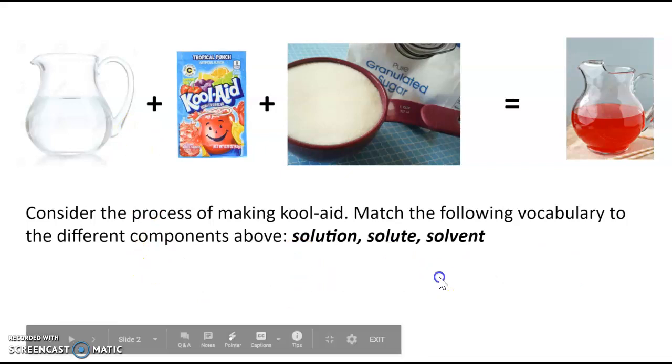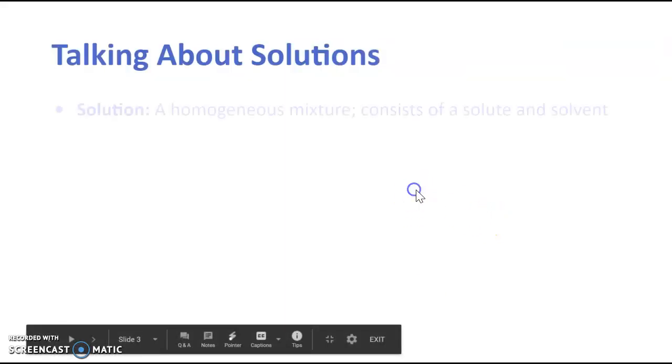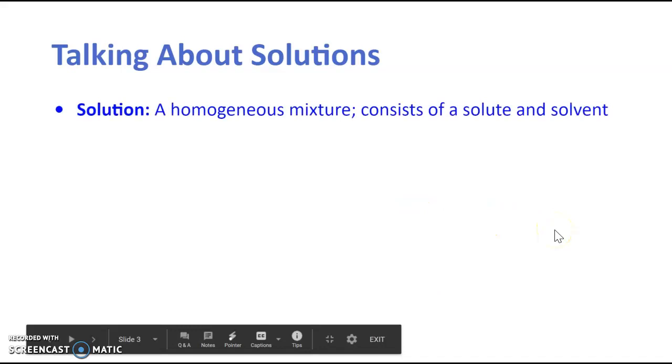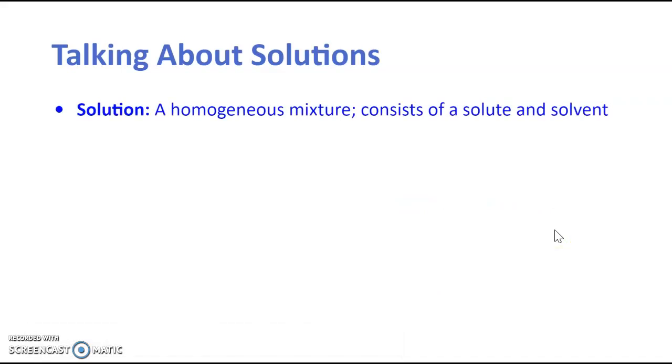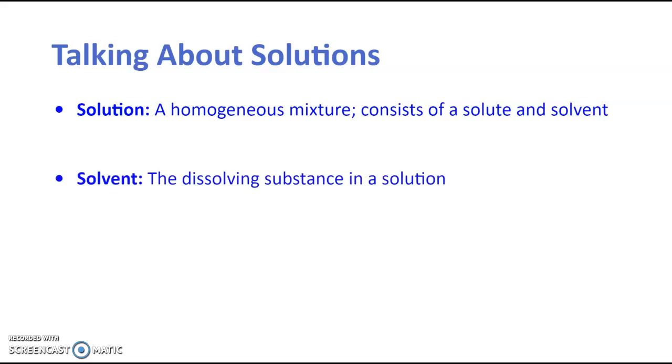So if we want a formal definition, the solution is a homogeneous mixture, homo meaning the same, so you can't tell it apart. It looks like it's just one substance, like one liquid, but it actually consists of a solute and a solvent. The solvent is the dissolving substance in a solution.